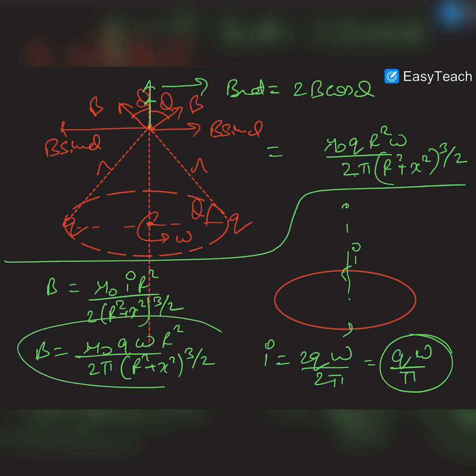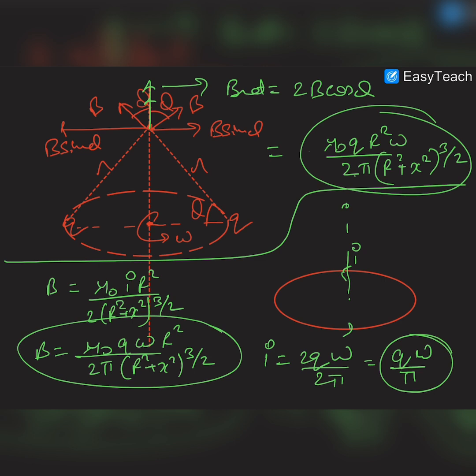Now you can see that the net magnetic field by both of the methods is same at this point, due to the fact that these are symmetric charges which are revolving in the same circle and they are always diametrically opposite to each other.